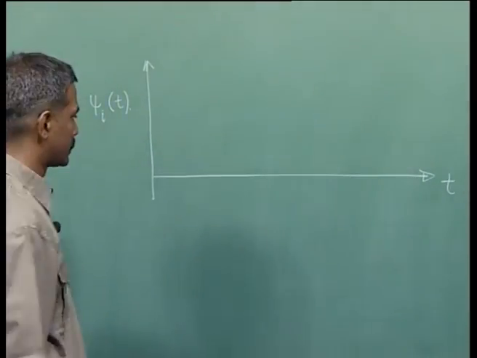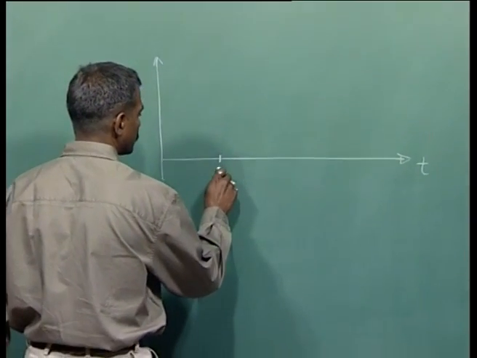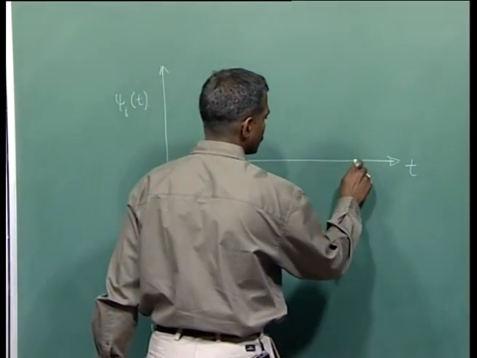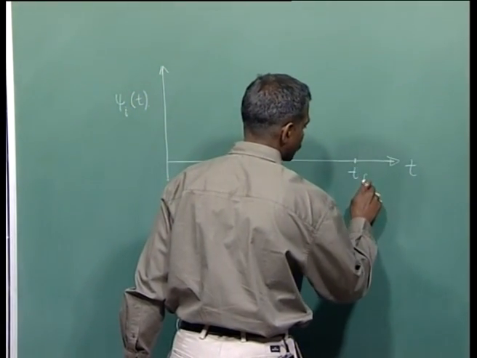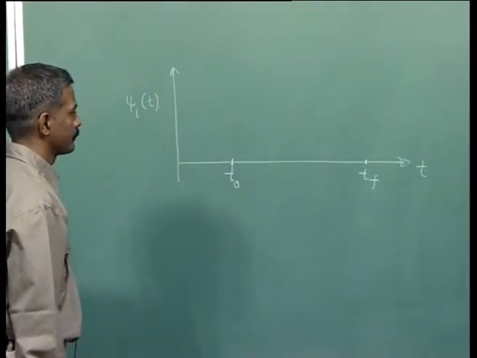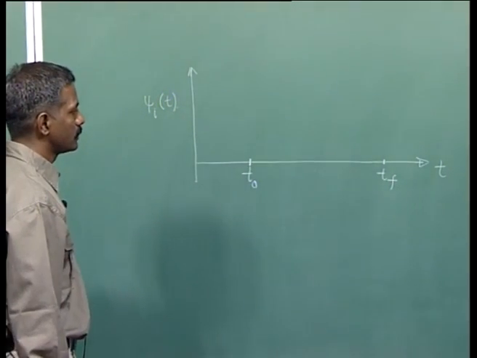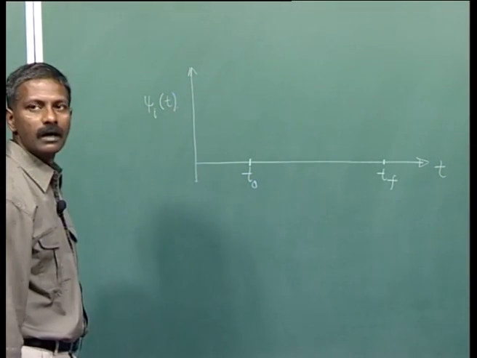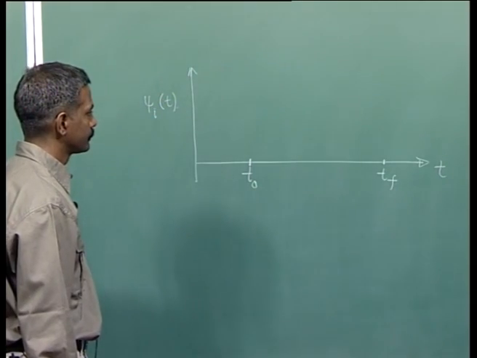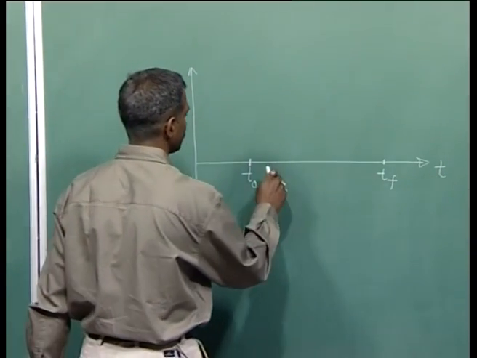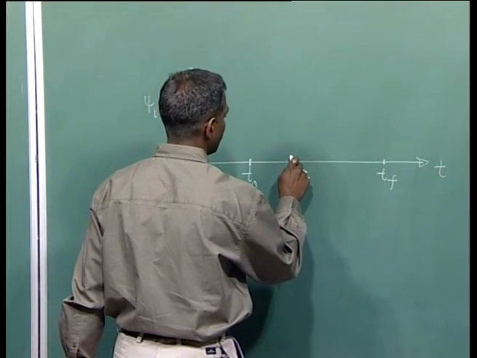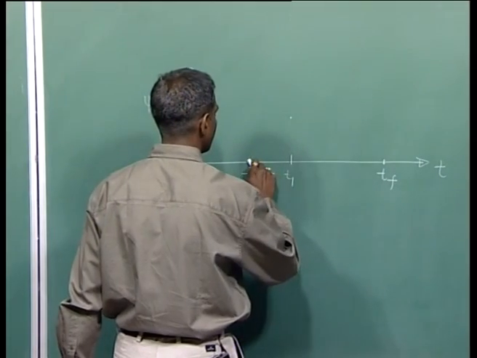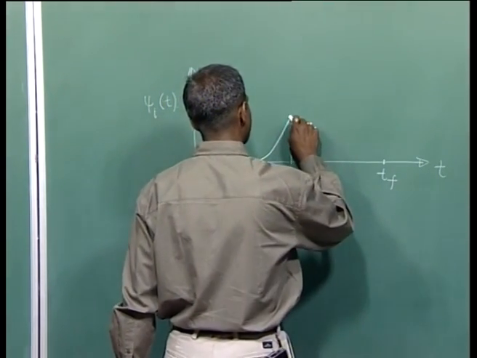This is how I would do this. I'll start with some parameter value, let's say t0, and I'll end at some other parameter value, say tf. And in between, I'll construct different polynomial segments. Let's say in between t0 and t1, I construct this segment.